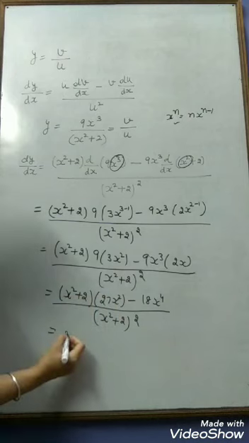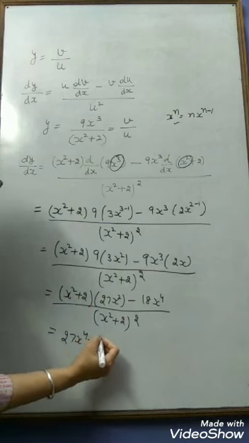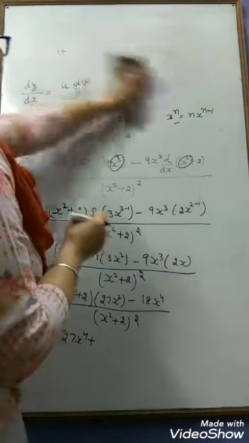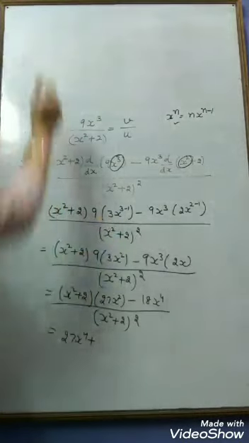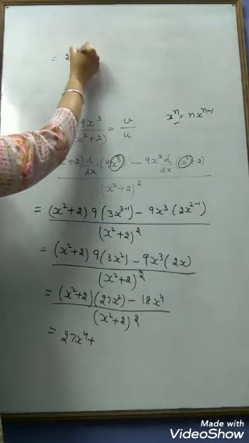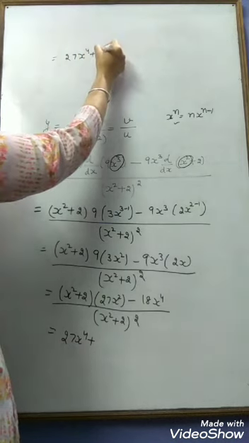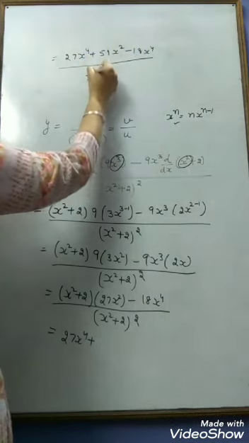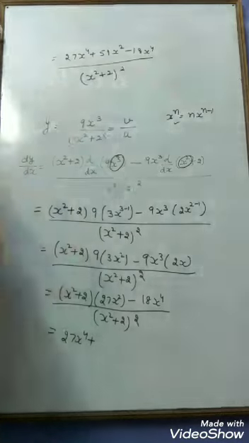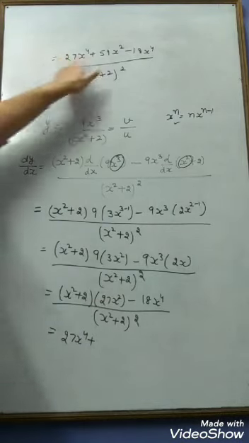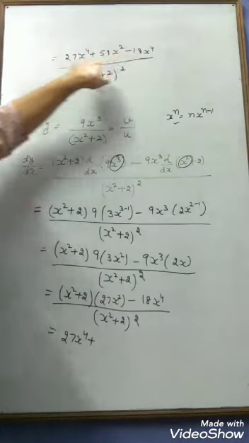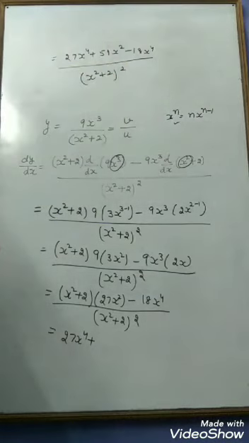And when you multiply this, 27x^4 minus 18x^4, you can write the answer after subtracting, 27 minus 18, whatever answer comes. So this is by using the division rule.